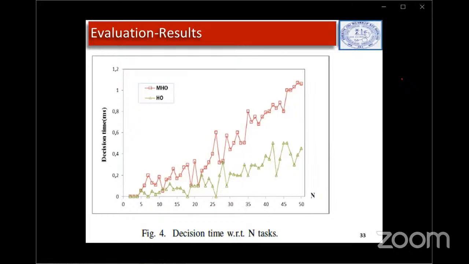On the other hand, the MHO curve illustrates a near linear running time that starts from 0.5 milliseconds and reaches 170 milliseconds. Thus, this last figure showed the performance of the HO solution compared to the MHO in terms of decision time.